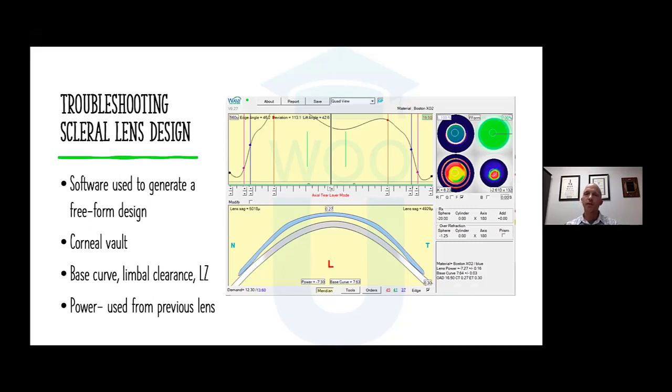And then the software is able to basically design a lens, changing the base curve, the limbal clearance, the landing zone of the lens to achieve the desired fit. Now, as far as the power is concerned, he didn't even have to put another lens on the patient's eye because he was able to use and calculate the power from her previous lens, which she was seeing fine with.